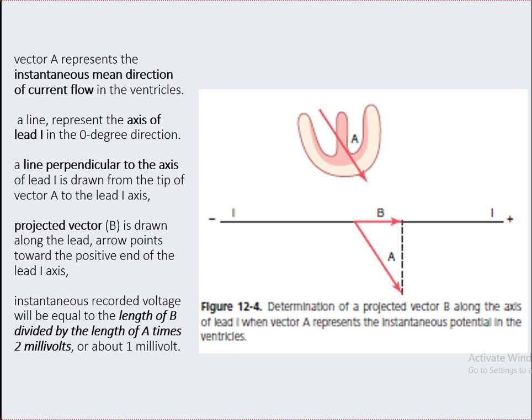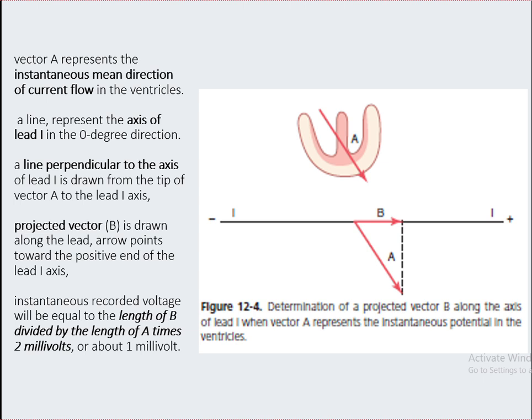For some people, they may look at this illustration as extra information, but actually this illustration helps you to determine the amplitude. Why do amplitudes change? You find sometimes the T wave is peaked, sometimes the T wave is low, sometimes some waves are biphasic.